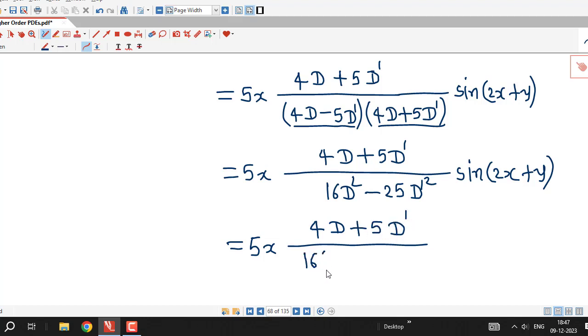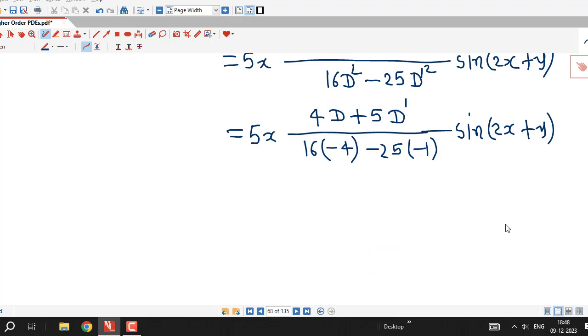D square is replaced by negative of a square, a is 2 and square of 2 is 4. Similarly, d dash square is replaced by negative of b square, b is 1, that is d dash square is equal to minus 1, and we keep this as it is, sine of 2x plus y.